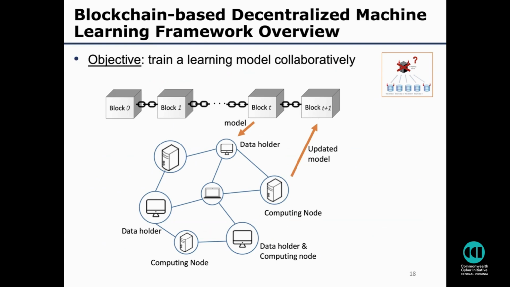The data holders have their own local training data, and their objective is to train a global machine learning model on the data from all data holders while protecting their privacy. The computing nodes help data holders update the learning model, which works like the miners in cryptocurrency systems.